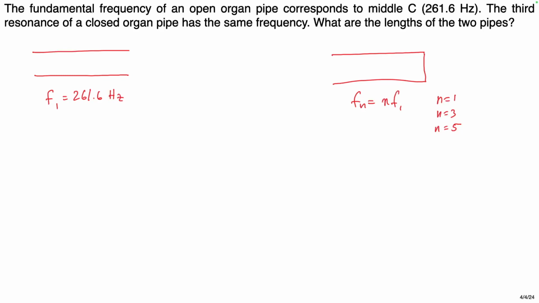So in my mind, I would go straight to third resonance would be N equals 3. Kind of like the harmonic number kind of thing, right? But as it turns out, and the only way I knew this was to go look at the key, okay? It's the fifth. So, again, I don't want you to worry in this class about this issue. But I'm just warning you, as you see other sources out there, it can be confusing.